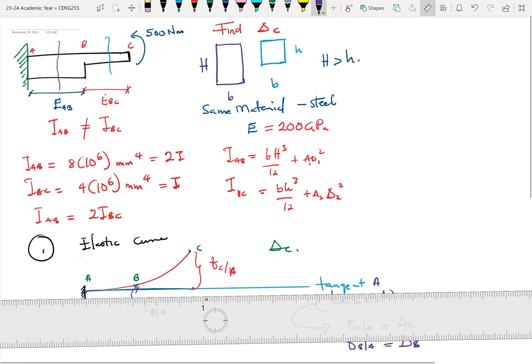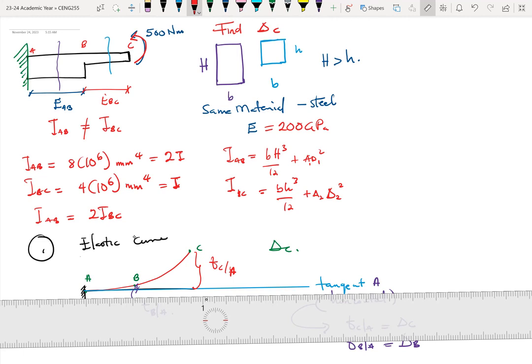It's upwards because of the direction of the load, this point moment. This point moment is going to cause an upward deflection. Let's assume that you are holding a beam, your left hand is a fixed support, and the right hand side is where you're applying that moment.